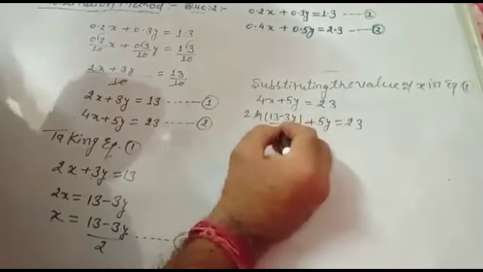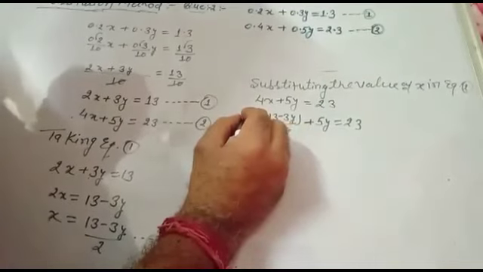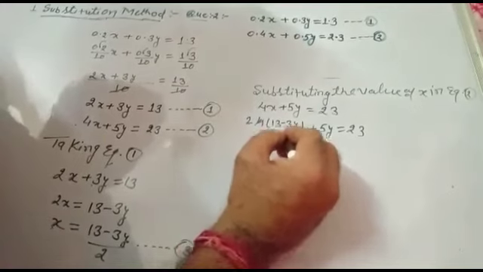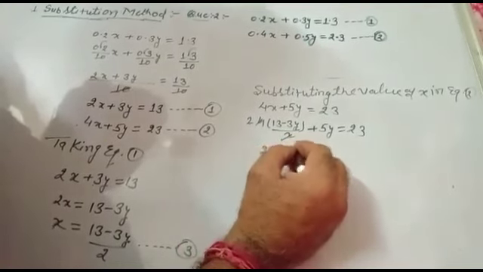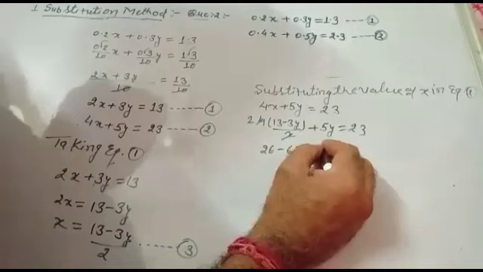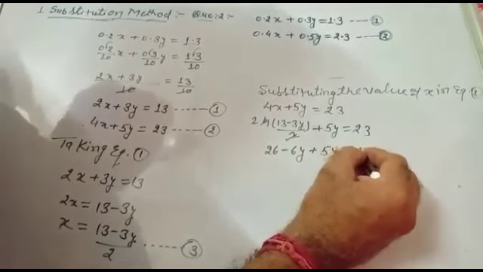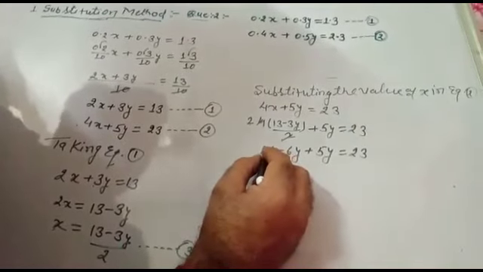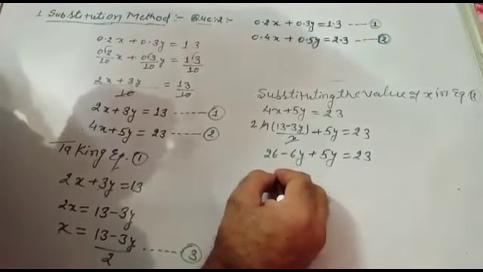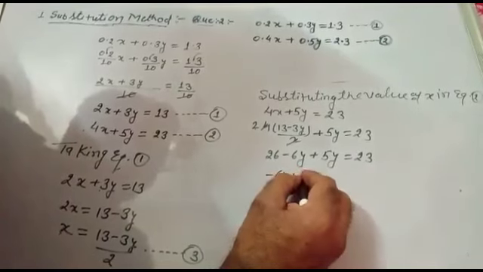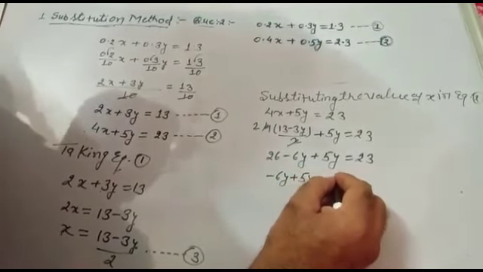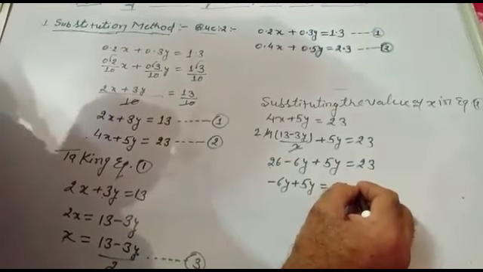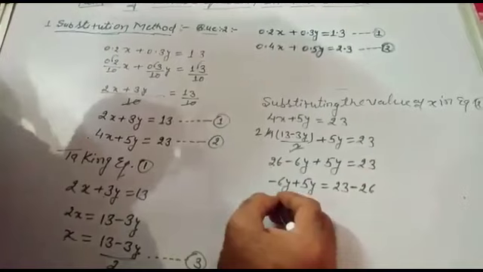2 to the 4 cancelled, multiplied by 2 in this bracket, 13 times 2 is 26 and 3 times 2 is 6y, plus 5y equals 23. Then transfer the 26: the remaining is minus 6y plus 5y equals 23 minus 26.